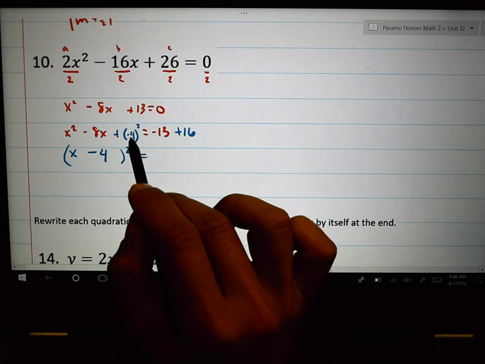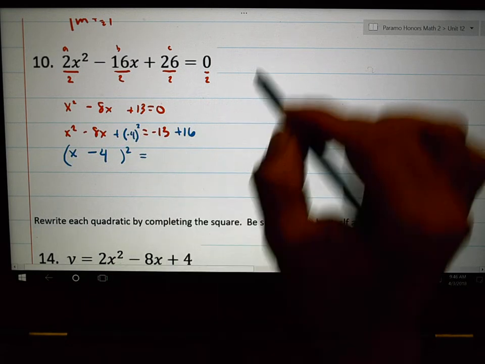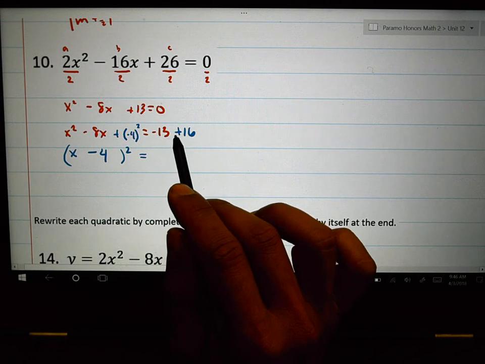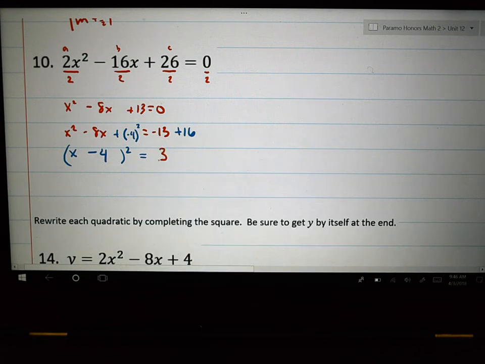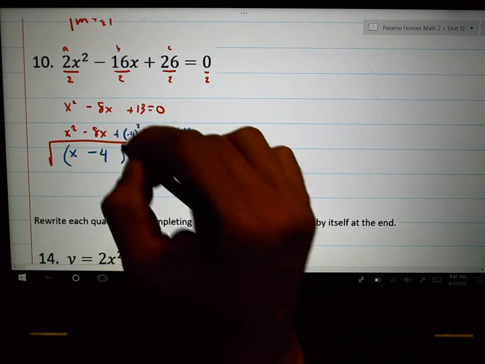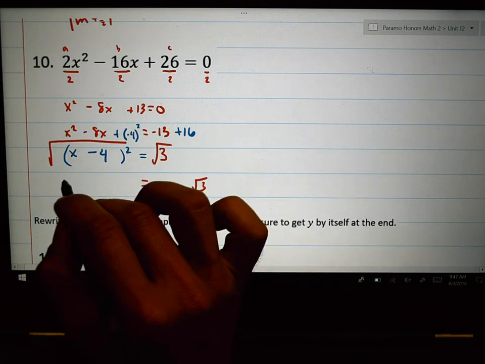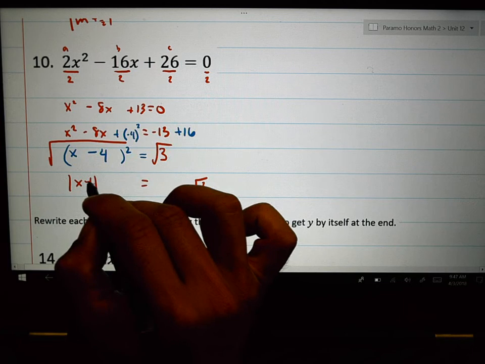I do that on purpose. I'm hoping you see why. On this side, 16 minus 13 is 3. I'm going to square root both sides. Got a square root of 13, or 3, I'm sorry. And I have an absolute value of x minus 4.